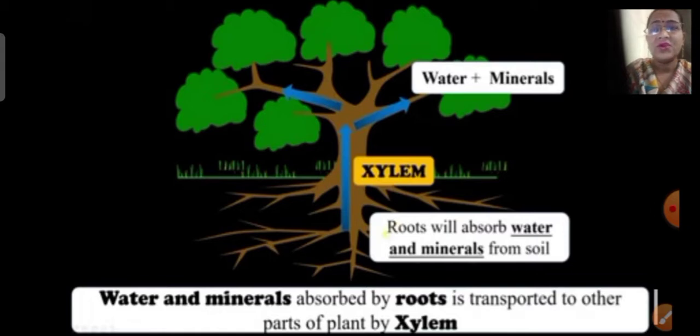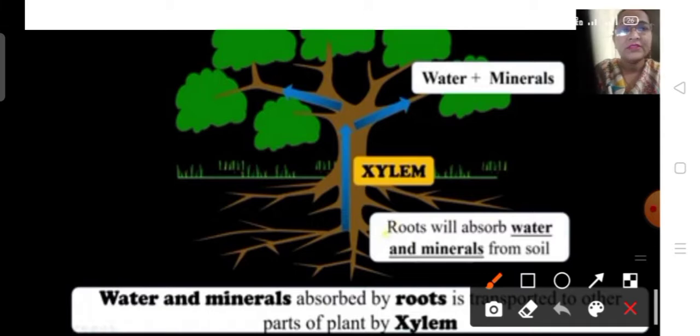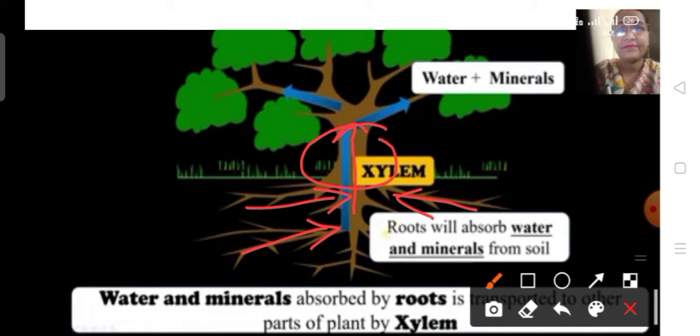All of us know that roots absorb water and minerals from the soil, isn't it? This water and mineral are transported to the different parts of the plant through the stem. And how does this happen? With the help of the special tubes which are present in the stem, and these tubes are called xylem.